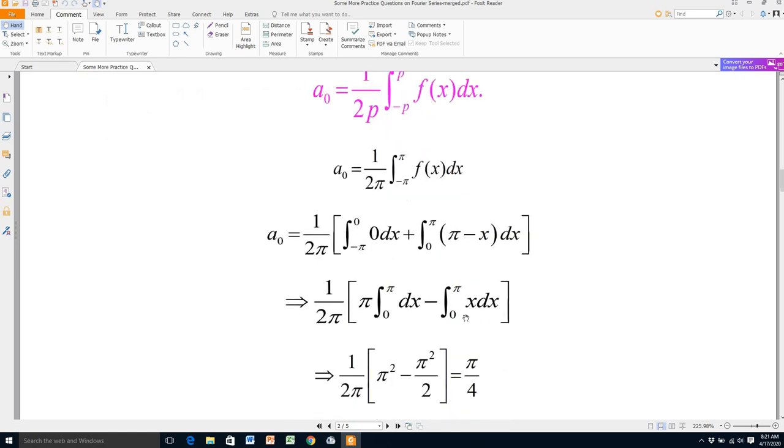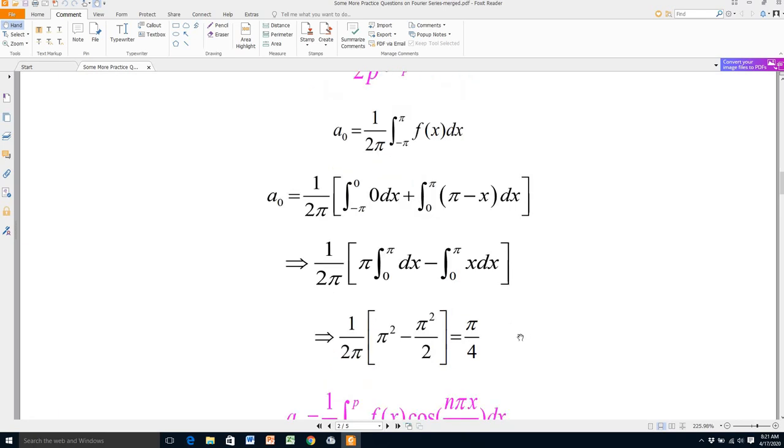So 1 over 2 pi, the first part becomes 0, and I split the second integral again: pi is constant, so I take it outside, the integral from 0 to pi of dx minus the integral from 0 to pi of x dx. After integrating and substituting the limits, I get pi squared minus pi squared over 2, and when I simplify this, I get pi over 4.